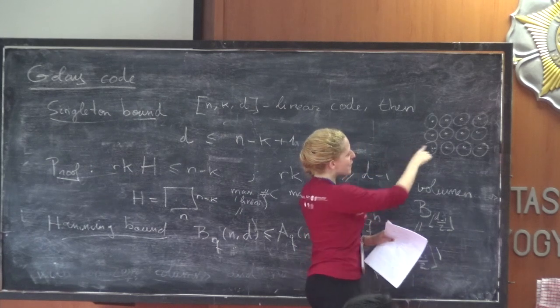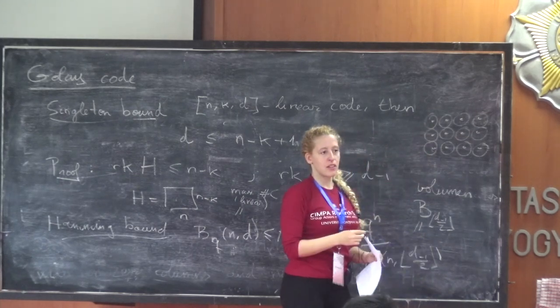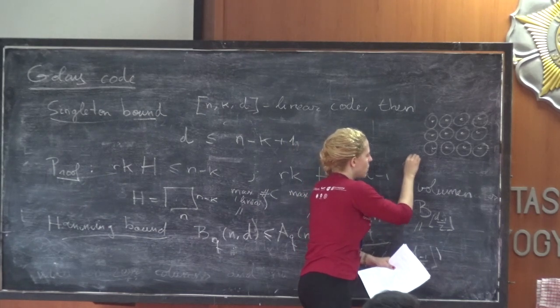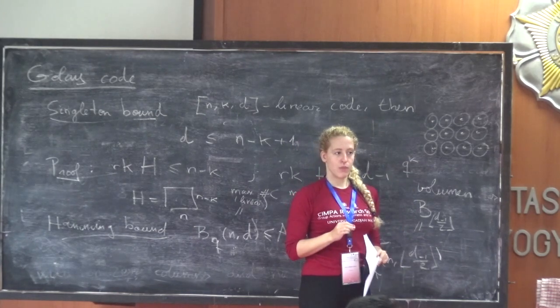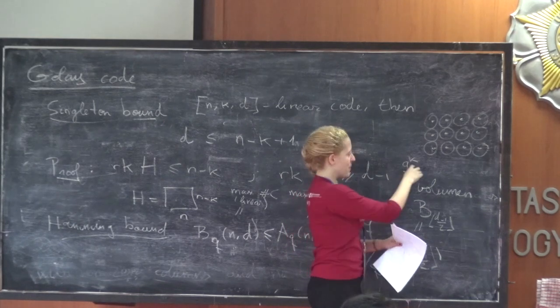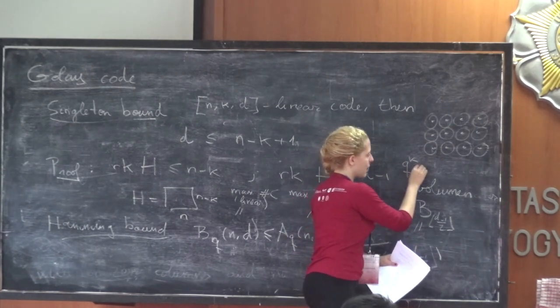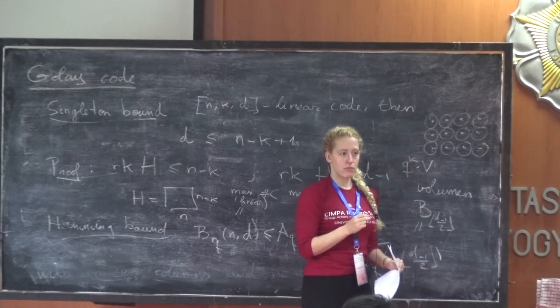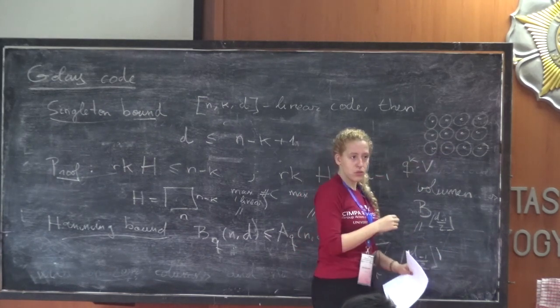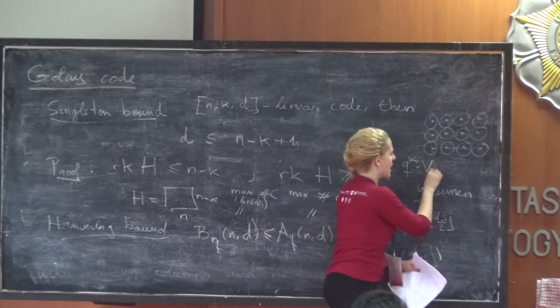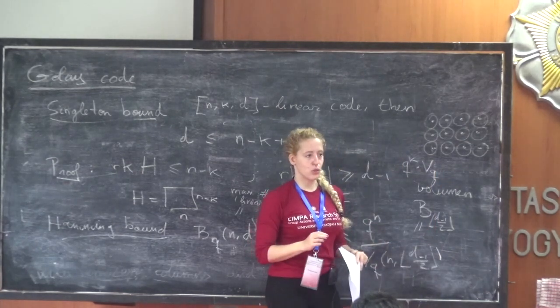Okay, how many points do I have here? Let's say, well, for any code, q to the k, okay? This is the size, I mean, this is the number of points. So q to the k times the volume of each of these balls, okay? I don't write the parameters, you know which ones they are.